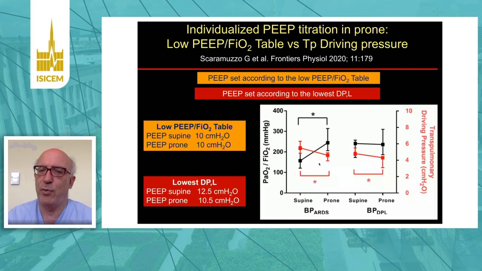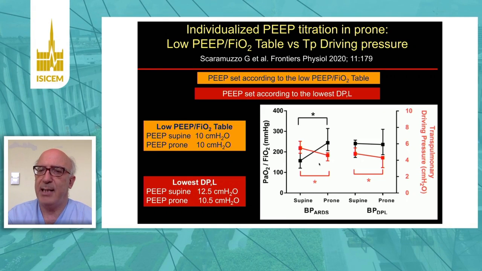Compared to the low PEEP FiO2 table, interestingly, when we look at the oxygenation, we found that there was a major improvement in oxygenation. While setting the PEEP according to the lowest driving pressure, there was higher oxygenation in supine, but this was not associated with a further improvement in oxygenation when the animals were prone.